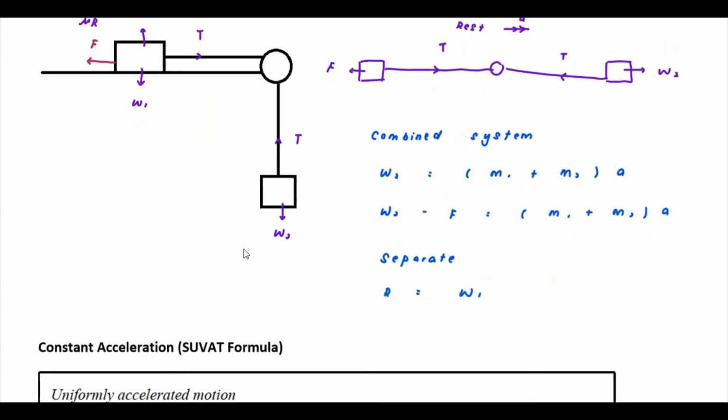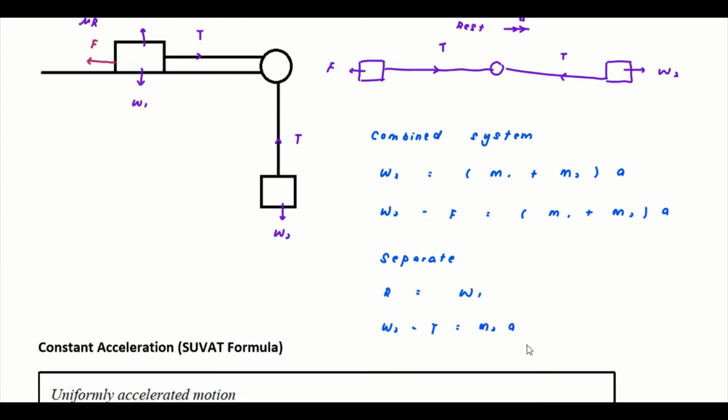Next, let's look at here. You will have W2 minus the tension, equal to M2 times the acceleration.